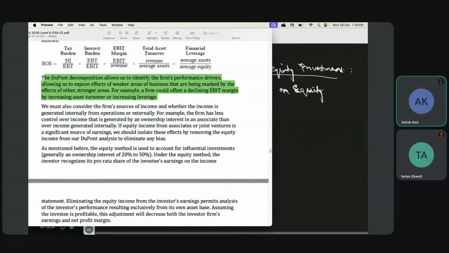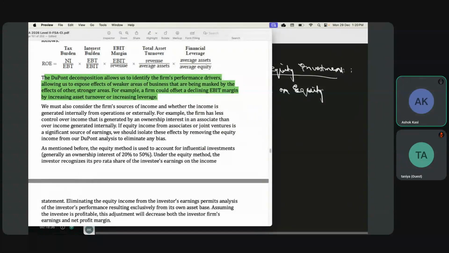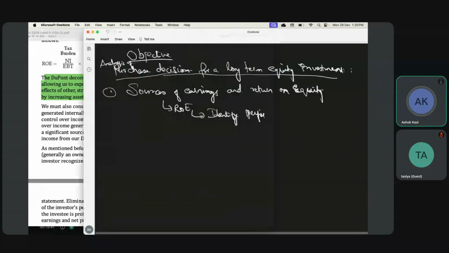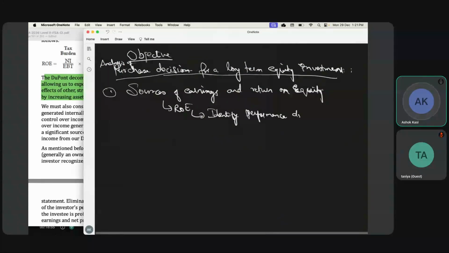This is used to identify performance drivers. That means whether it is because of tax burden, interest burden, EBIT margin, asset turnover or financial leverage. What is helping the return on equity? Performance drivers.